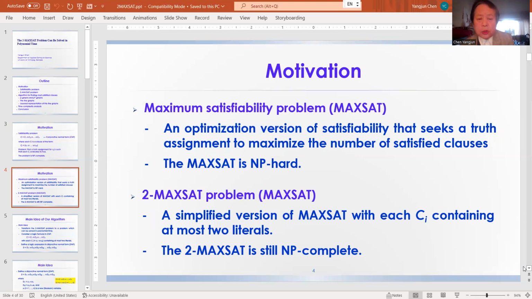The two-merge sort problem is a simplified version of the merge sort problem with each Ci containing at most 2 letters. Even though this problem is a simplified version of the merge sort problem, this problem is still NP-complete.